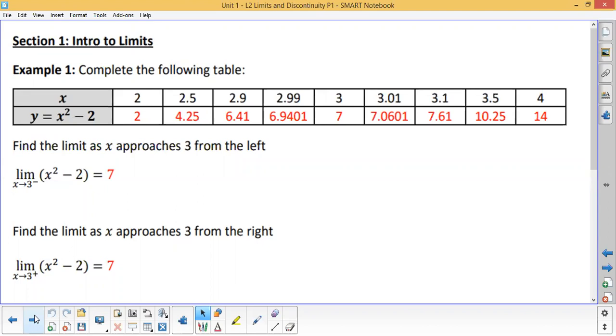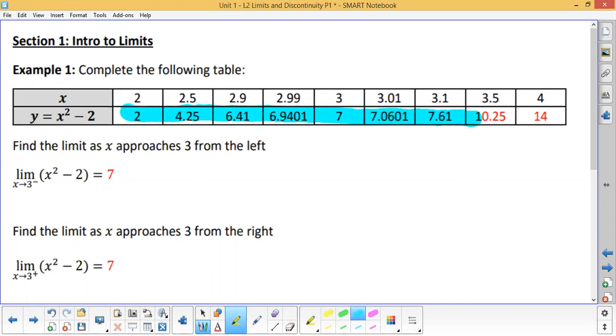So we're going to move back to this concept of one-sided limits, or considering limits from the left and the right. Now, instead of looking at a graph, for example 1, I'm going to highlight a few things. First of all, remember the y values.